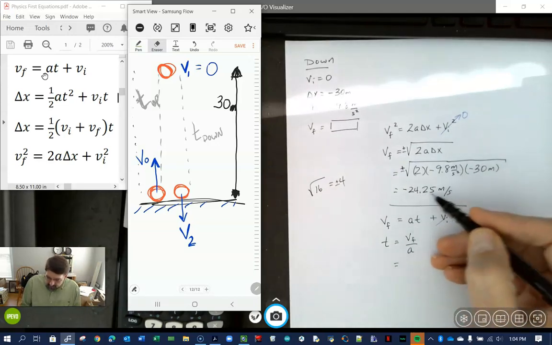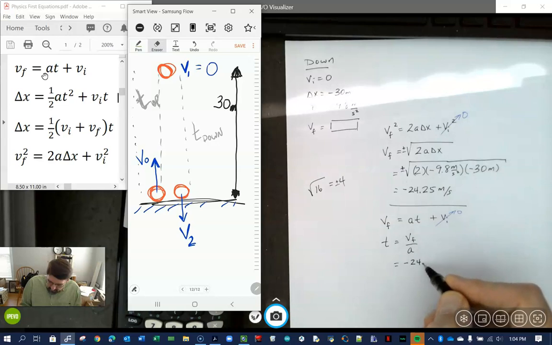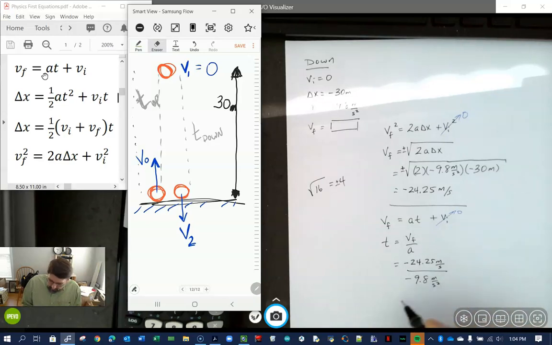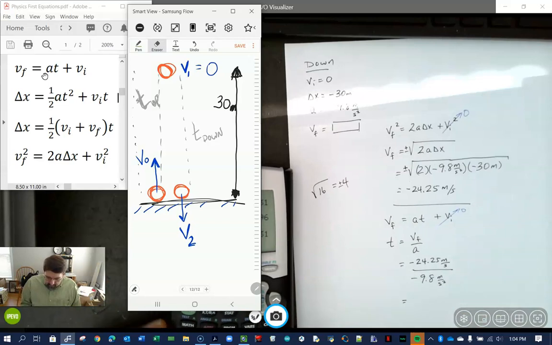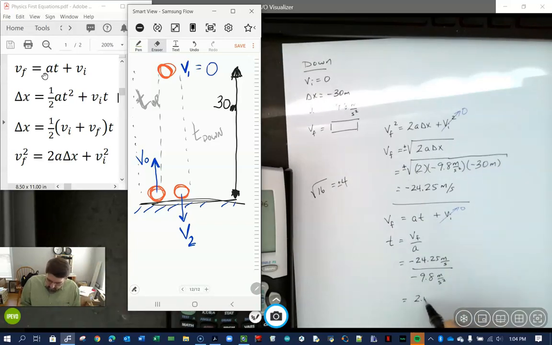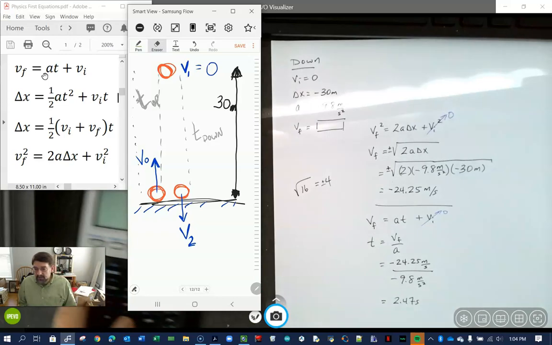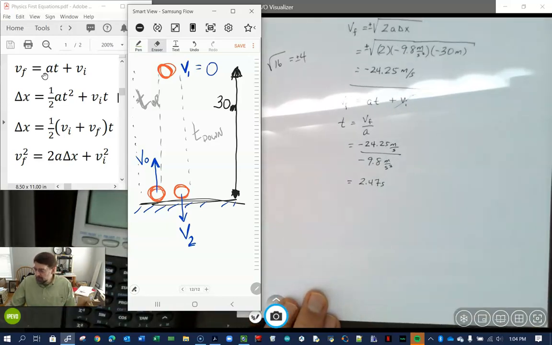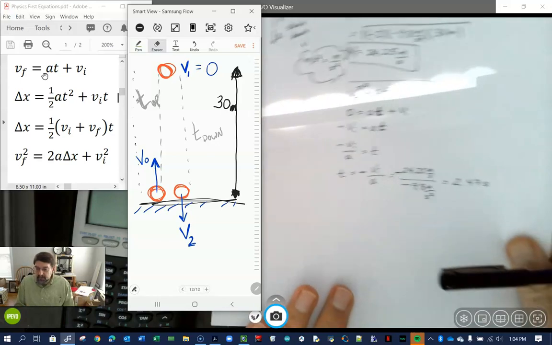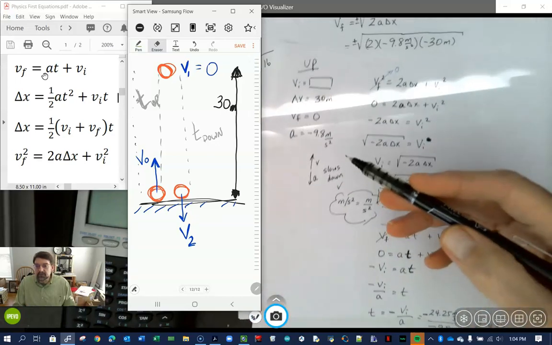The final velocity is minus 24.25 meters per second divided by a. If we take negative 24.25 divided by negative 9.8, we get 2.47 seconds. So it takes the ball 2.47 seconds to fall down, and it took 2.47 seconds for the ball to go up.